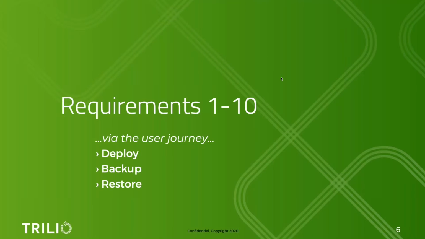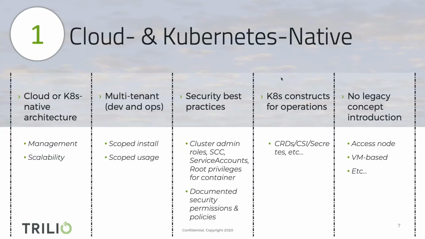Now, let's get into the requirements of a cloud native data protection or a Kubernetes data protection solution. And we'll start off with talking about why the solution needs to be cloud native or Kubernetes native. So one thing, this data protection solution that you deploy is going to be working with other cloud native applications, other Kubernetes applications.